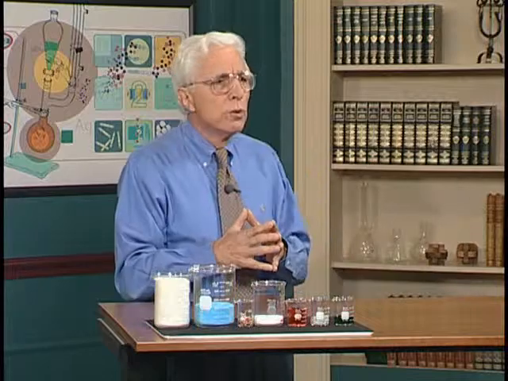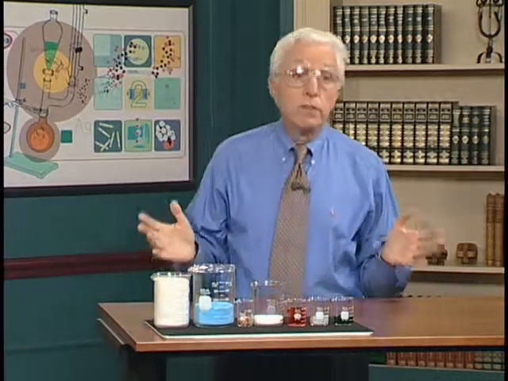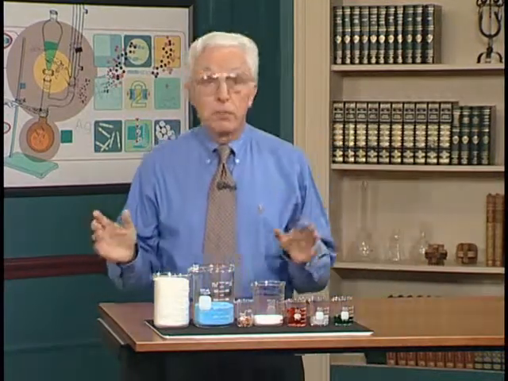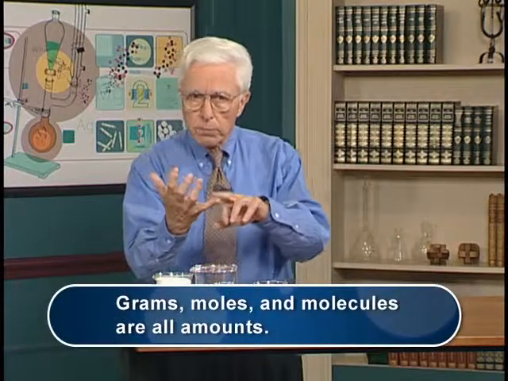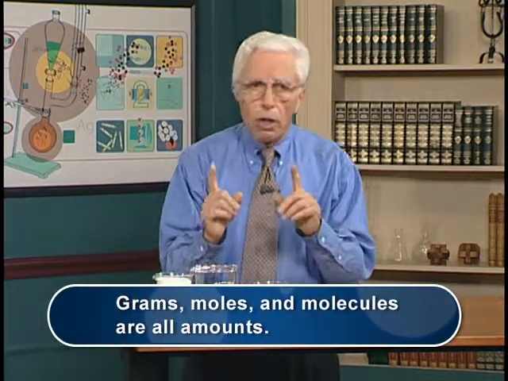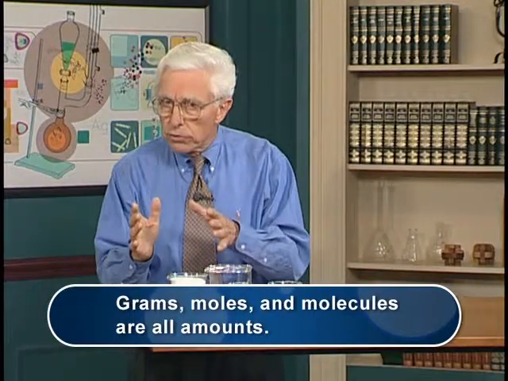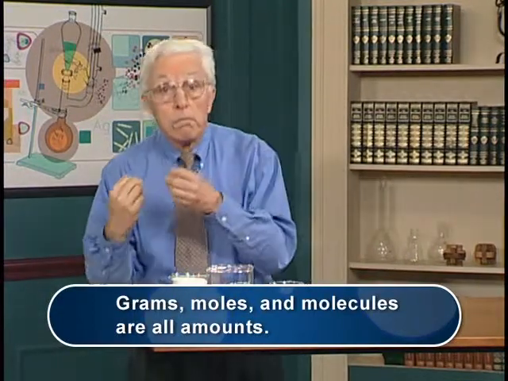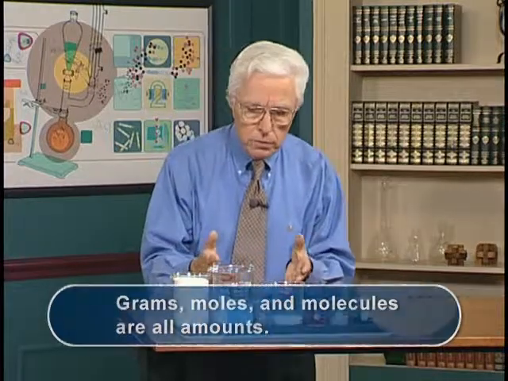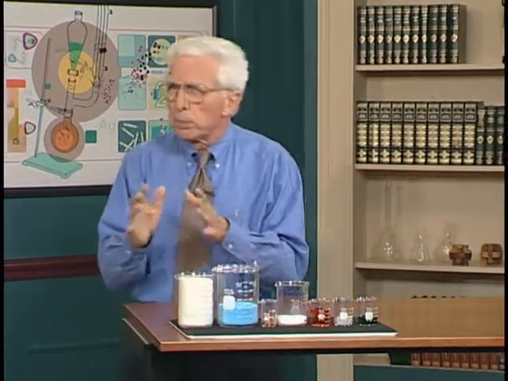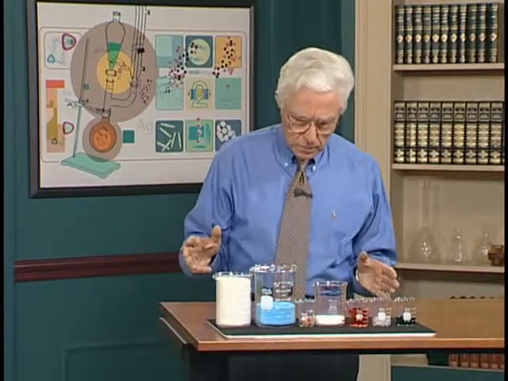In lecture number 2, we talked about 2 kinds of numbers: amounts and this per that's. Grams, moles, and molecules are all amounts. Amounts of a substance in grams, amounts of a substance in moles, or amounts of a substance in molecules. Now, what kind of this per that's might you encounter in mole problems?